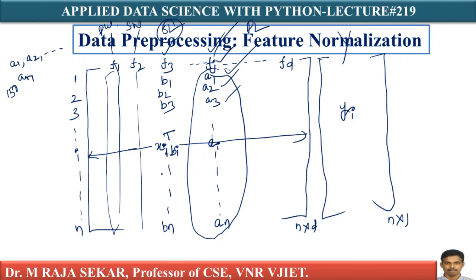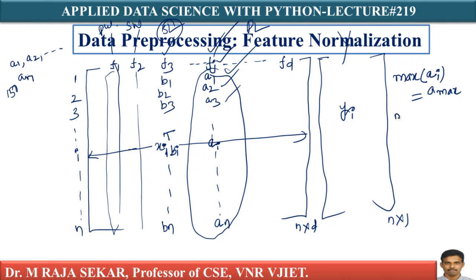So let's see what I do here. Let me explain with a simple example. What is this value? Max of Ai is equal to, let me say, A max. This is my A max.